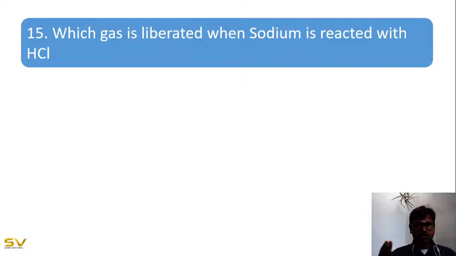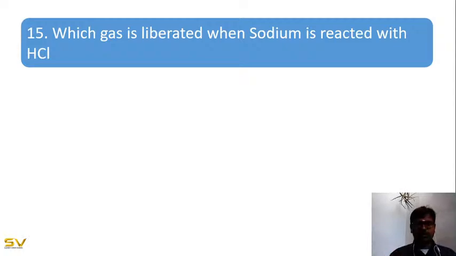So here sodium. For this you need to think of it as a metal. So what happens when metals react with acids? We get a salt and a gas. So which gas is that? Which is the gas that is liberated when metals react with hydrochloric acid? Here the question is twisted.